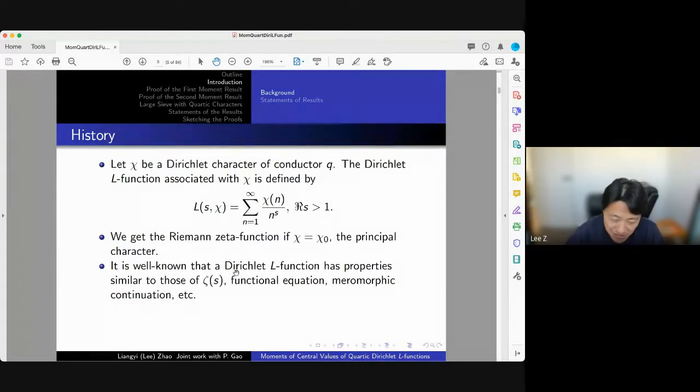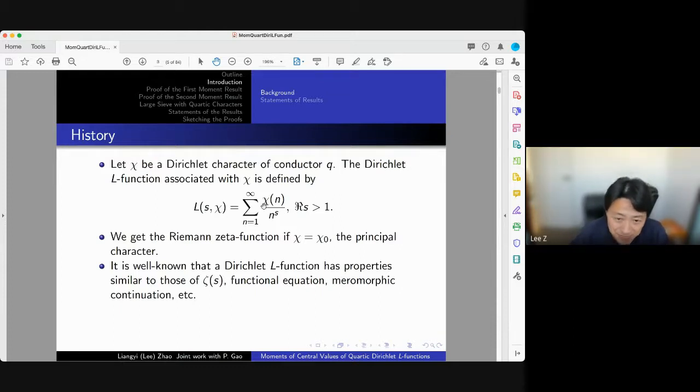Because of this functional equation, which I'll talk more about later, the values for s with negative real parts can also be defined, and therefore you have this meromorphic continuation.